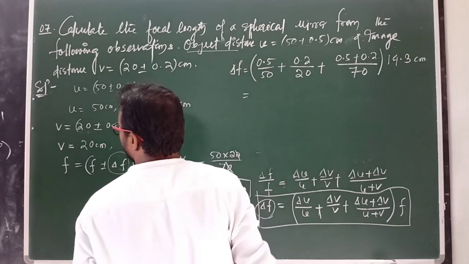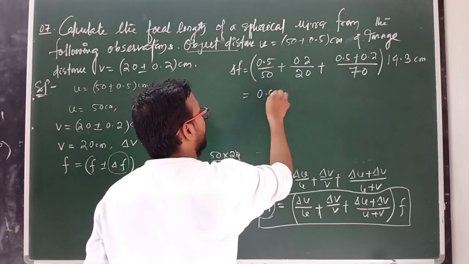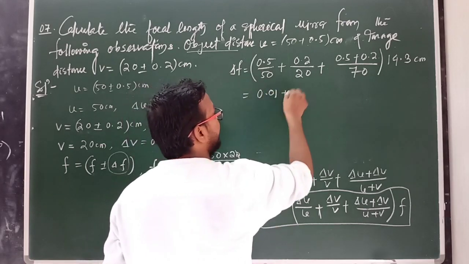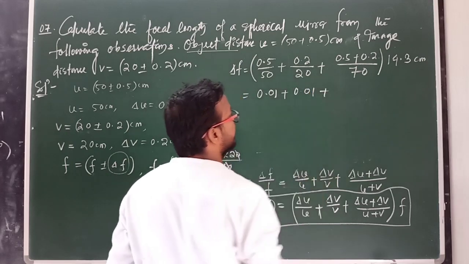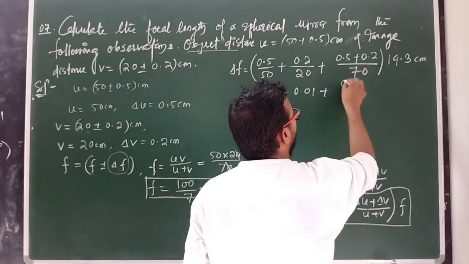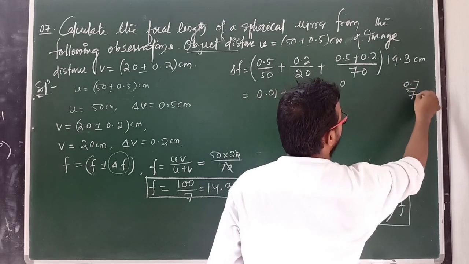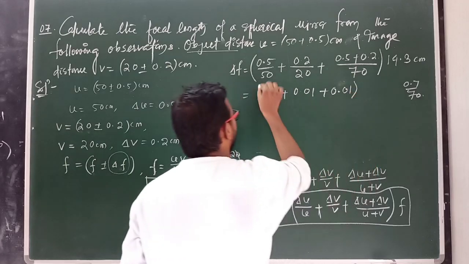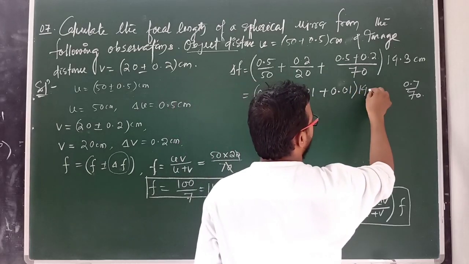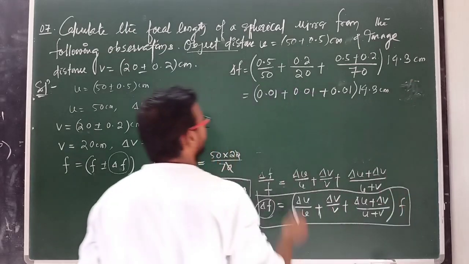Now solve this equation. If we solve this relation, 0.5 divided by 50 is 0.01, and again 0.2 divided by 20 is equal to 0.01, plus 0.7 divided by 70, which also gives 0.01, into 14.3 centimeter. Clear? Now solve this relation.